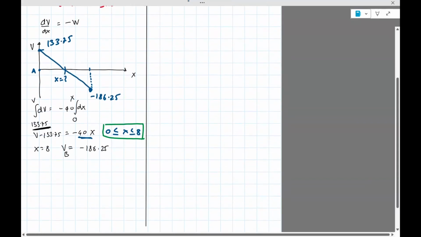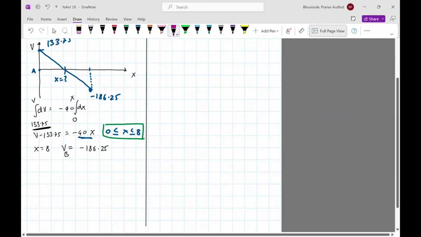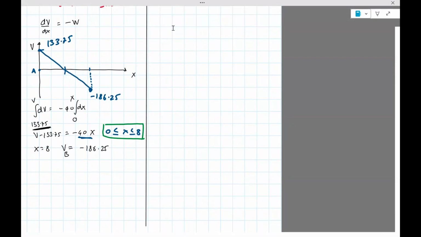So we put V equals 0: minus 133.75 equals minus 40 times x, and solve for x. If you do this math, you get x equals 3.34, the same thing we got earlier.